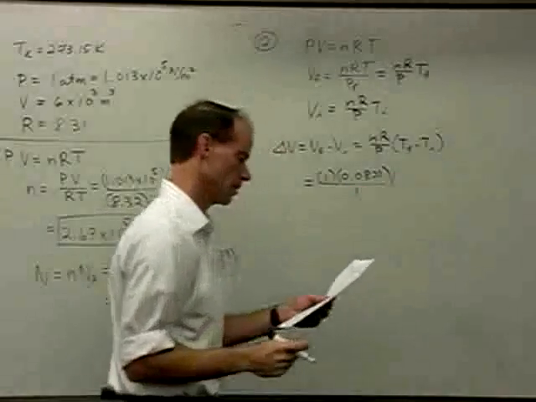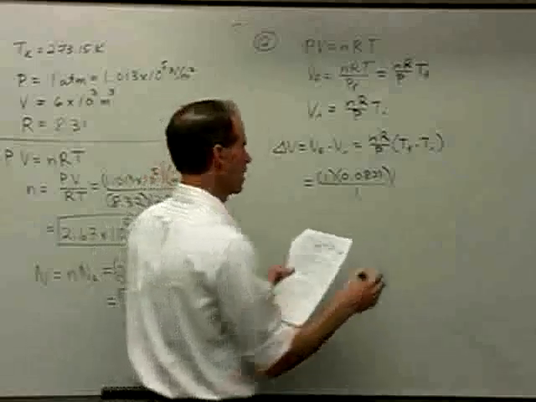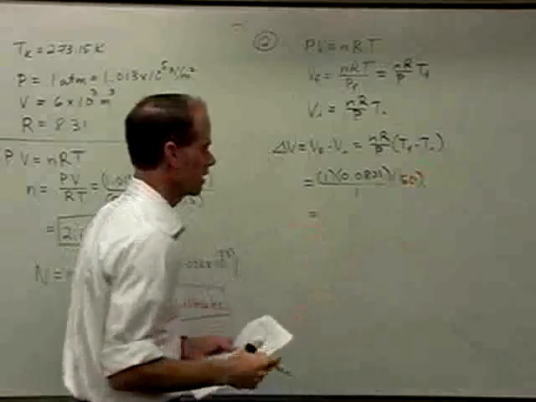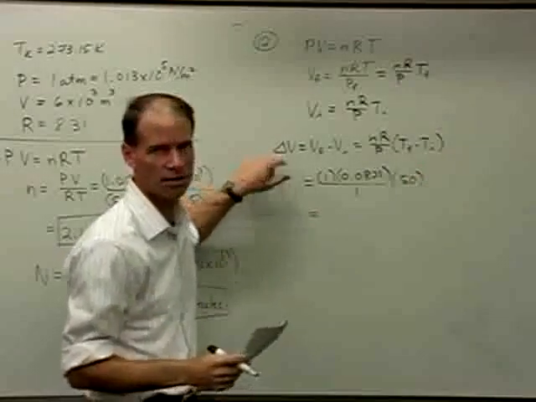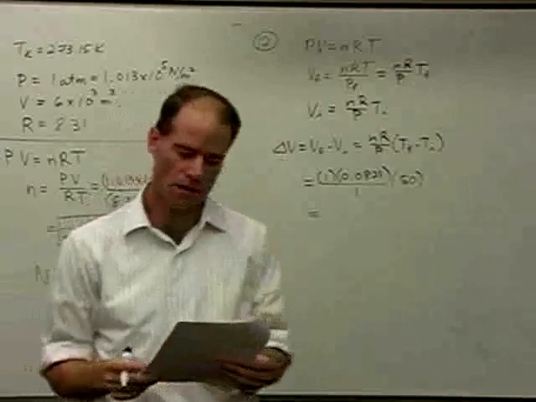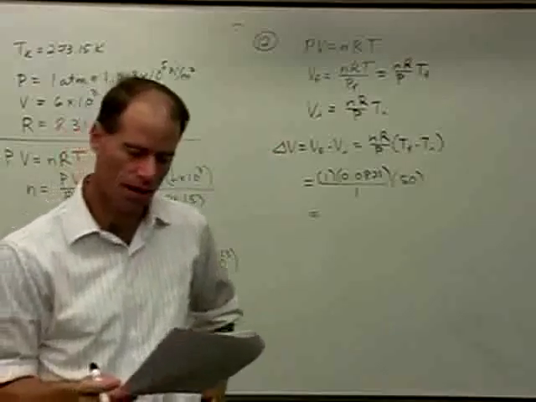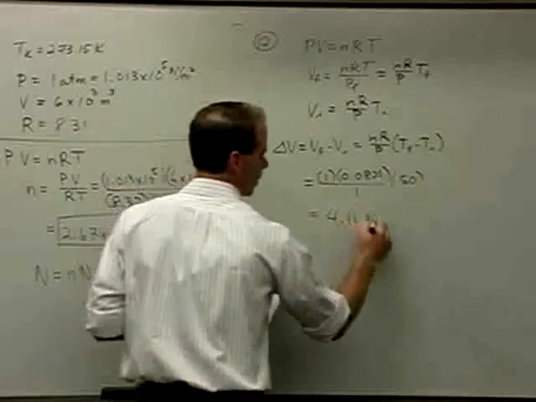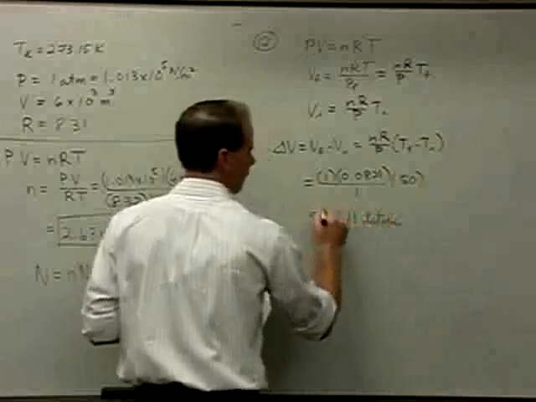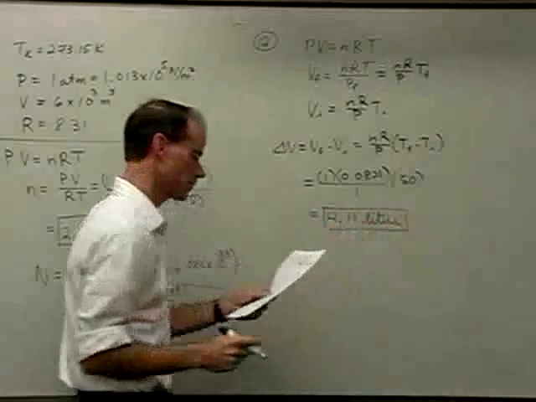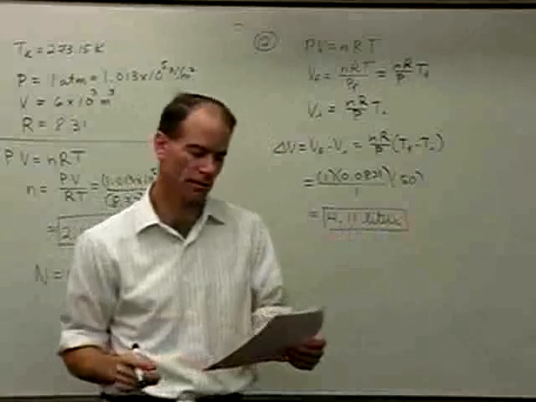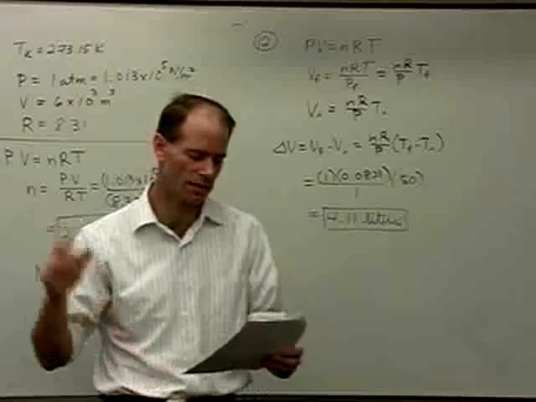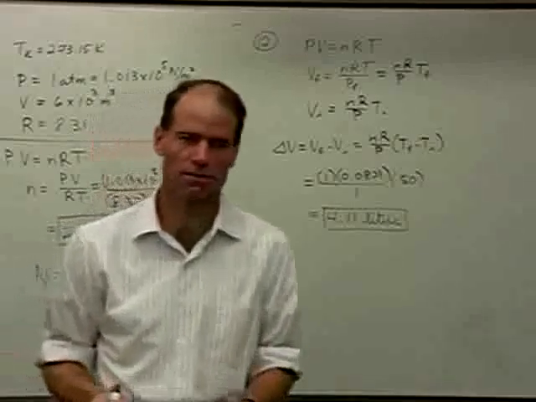And our change in temperature was 50 degrees Celsius. So our expectation is that this answer in volume is going to be in liters. If I multiply all those out, I get 4.11. So as the temperature changes by 50 degrees Celsius, we have an expansion of 4.11 liters for this gas.